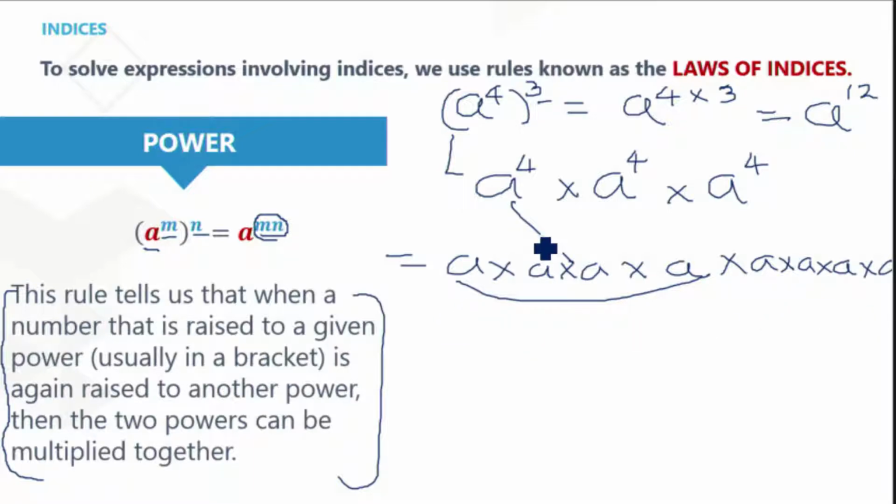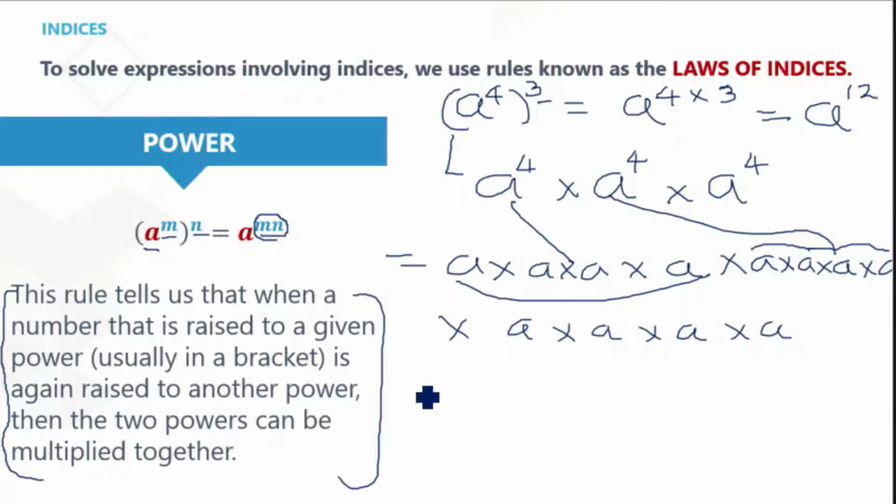And then for this one, we have a times a times a times a. So we have all a's now, the same number multiplied repeatedly.